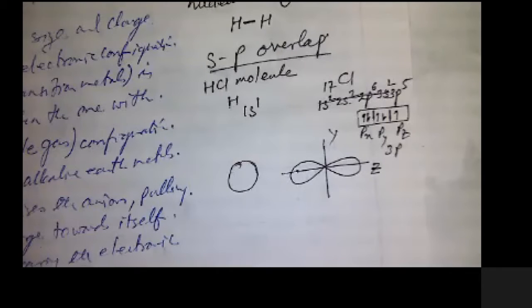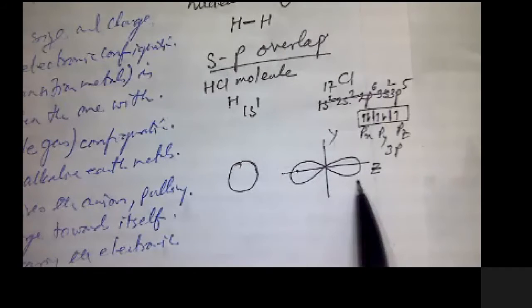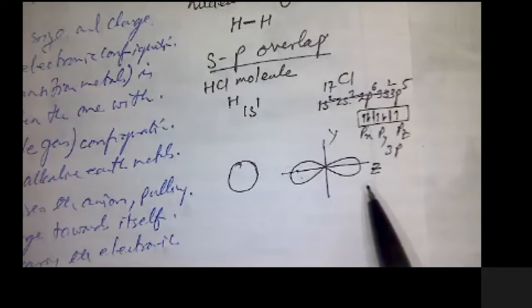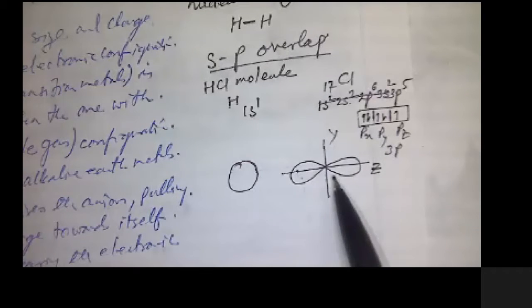These are the lobes. When it overlaps, it will overlap with any one of the lobes. It won't overlap with both. There are two lobes, and any one of the lobes will overlap. So either this one or this one. There's no restriction there because both are exactly the same.